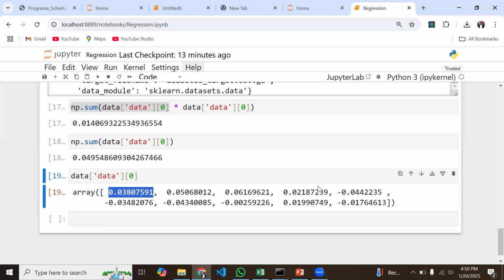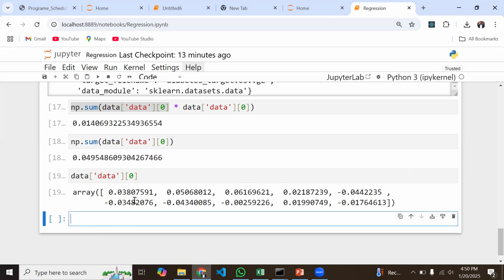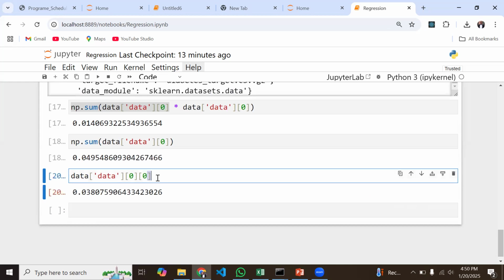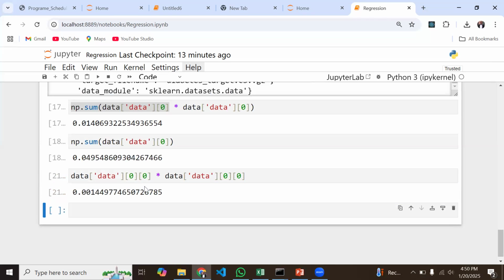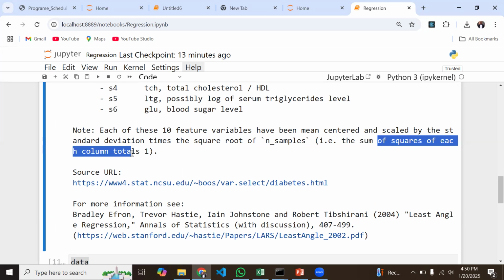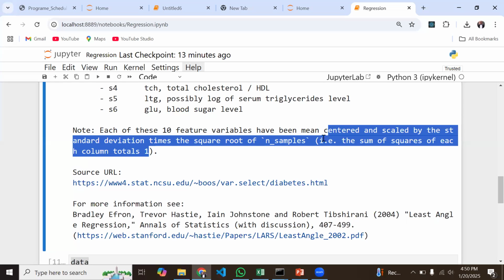So let's say I pick the first one, which is this value, and then square it up, and sum the squares of each. I'll look at this very well, but then we get the point.